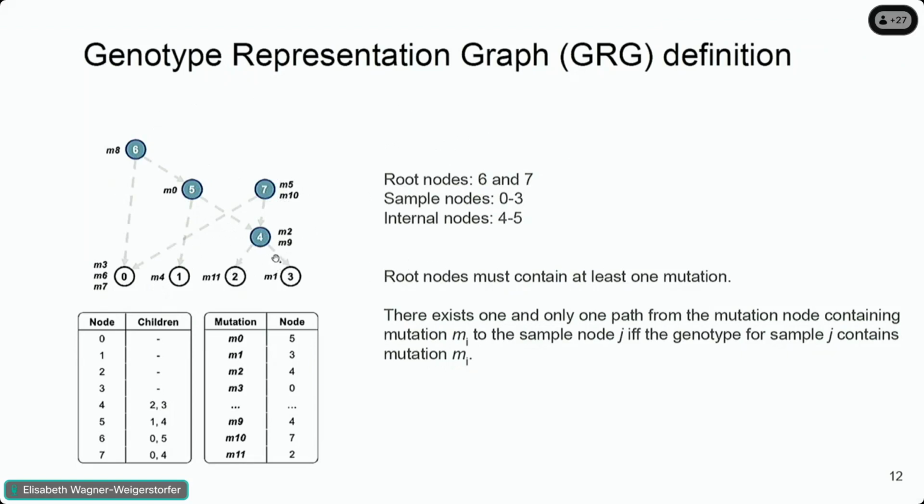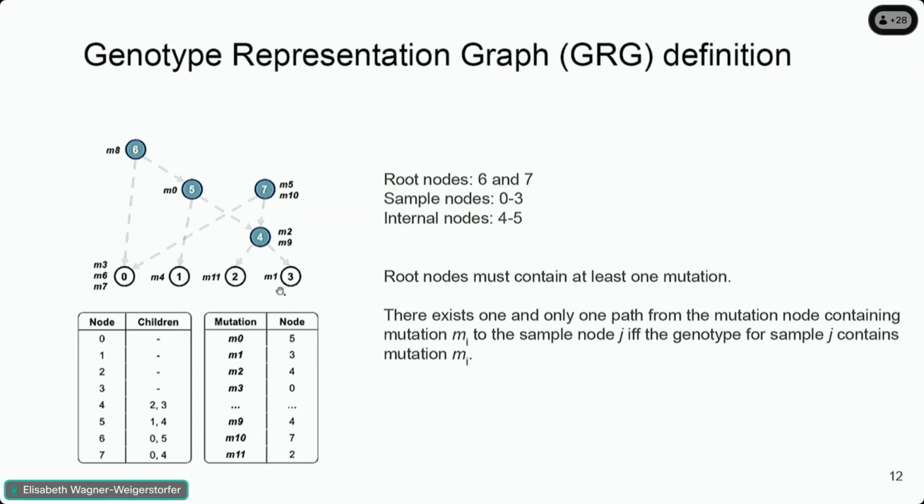We specify that root nodes must contain at least one mutation. When we say a node contains a mutation, it means that if we have some mutation put on this node, this mutation passes down to all the descendants of the node.